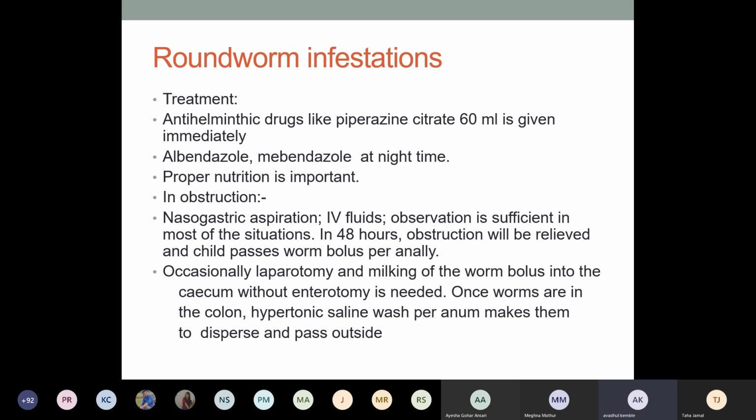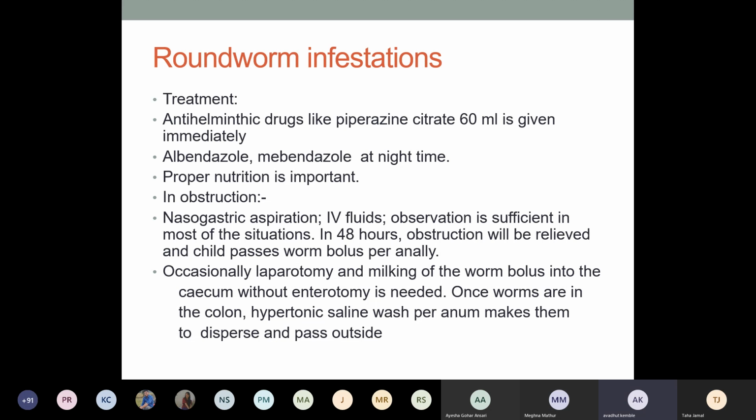Treatment for roundworm infestation: an anti-helminthic drug like piperazine citrate, 60 ml, is given immediately. Albendazole or mebendazole is given at night time.